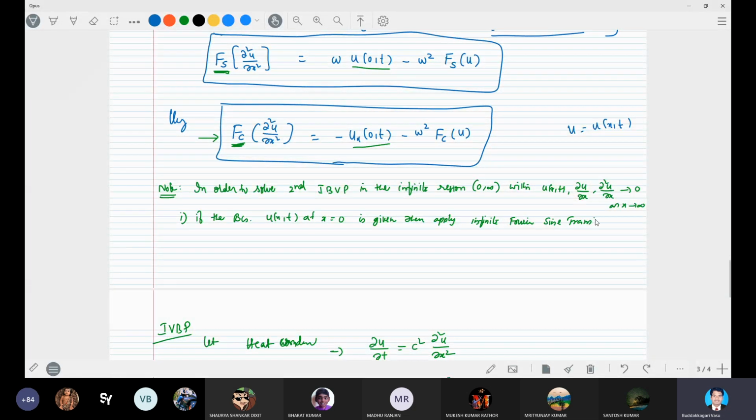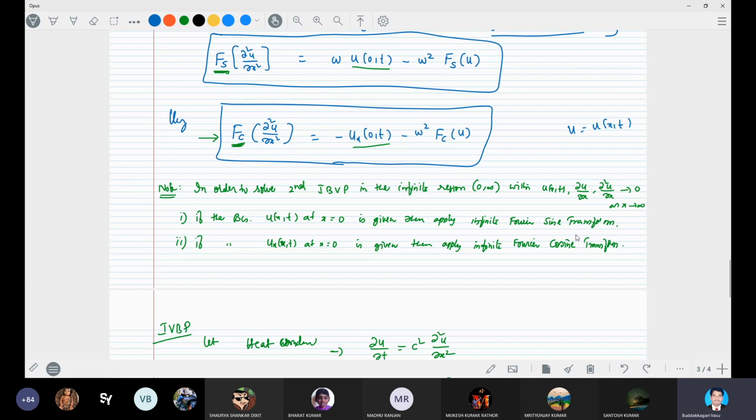Number 2, if the boundary condition u_x(x, t) at x equal to 0 is given, then apply which one? The infinite Fourier cosine transform, right?